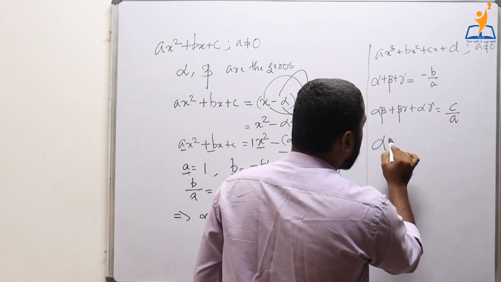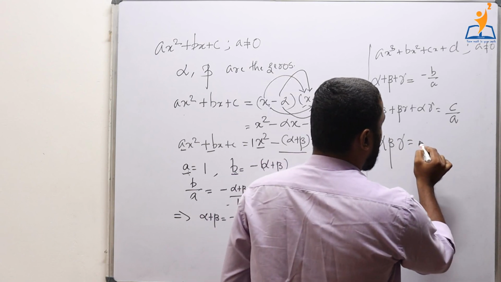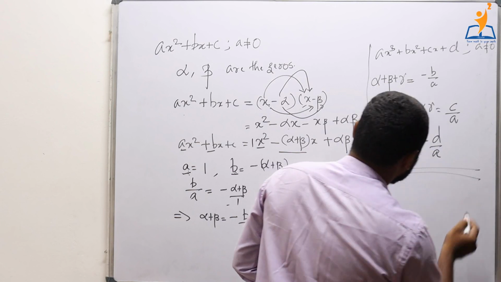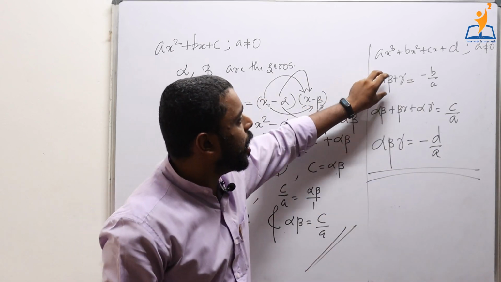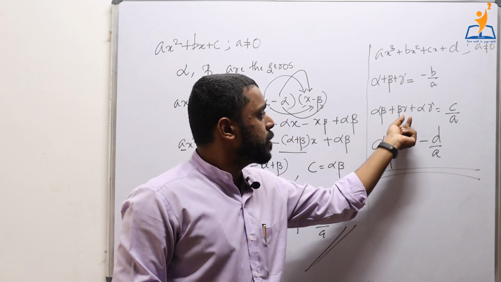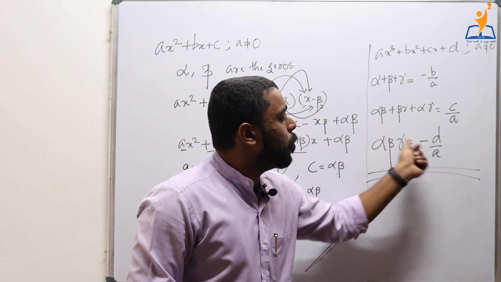Also, alpha beta gamma is equal to what? Minus d by a. So alpha plus beta plus gamma equal to minus b by a, alpha beta plus beta gamma plus alpha gamma equal to c by a, alpha beta gamma equal to minus d by a.